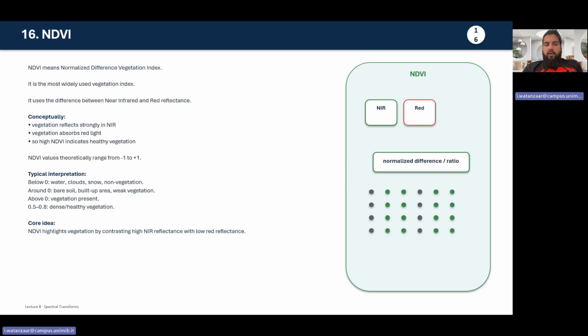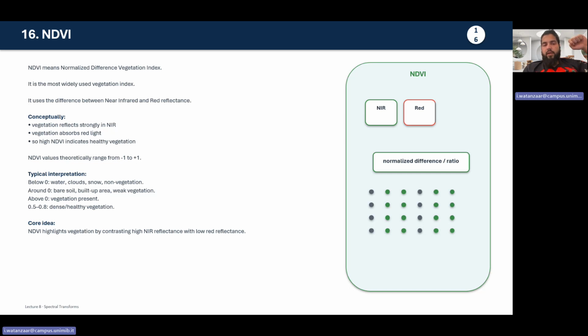It can also be shown by clouds, snow, or non-vegetation areas around zero. Around zero means values like 0.002 or something like that. These are bare soil, built-up areas, and weak vegetation.